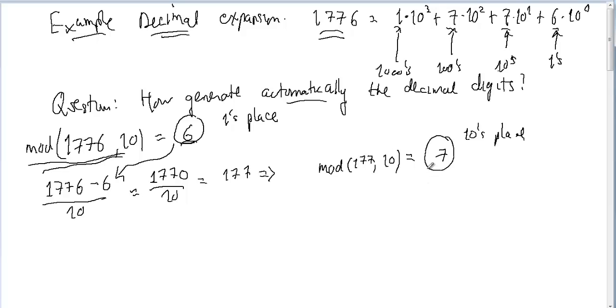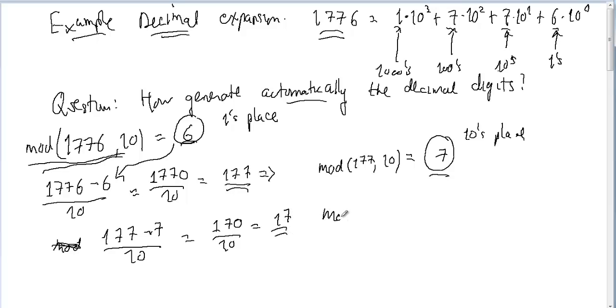Now I can take this 7 and do the very same thing again. I can take this 177 that I got and this 7, and compute 177 minus 7 divided by 10. That's going to give me 170 divided by 10, which is 17.